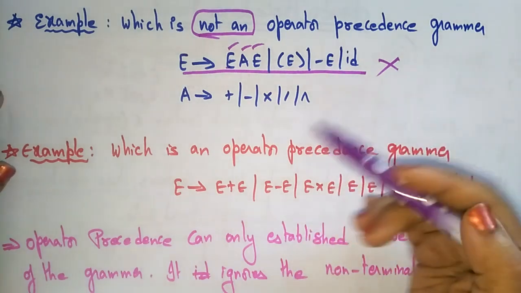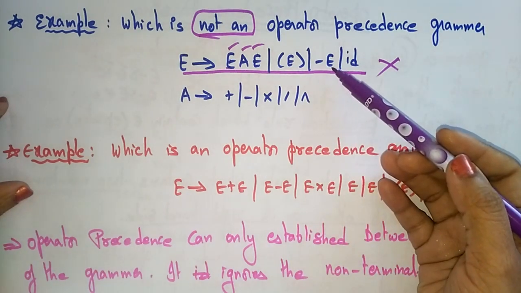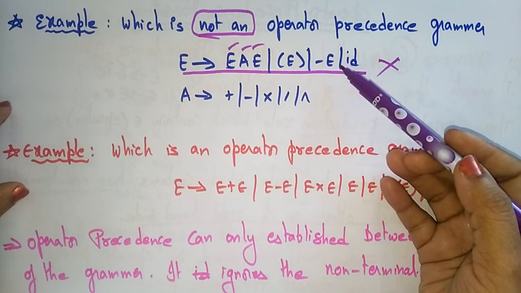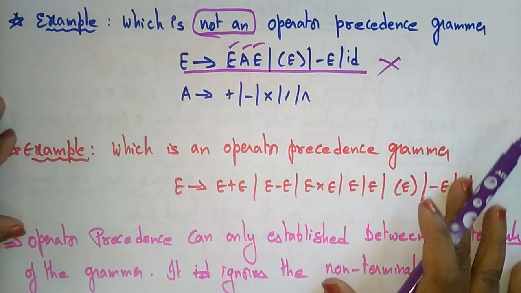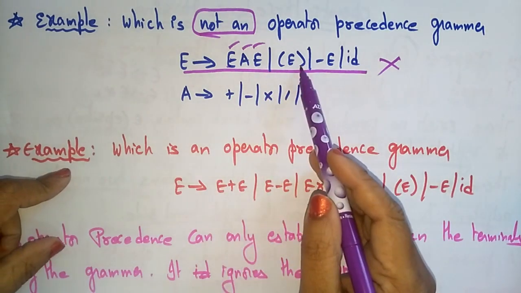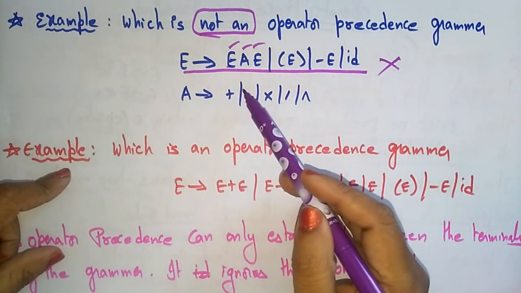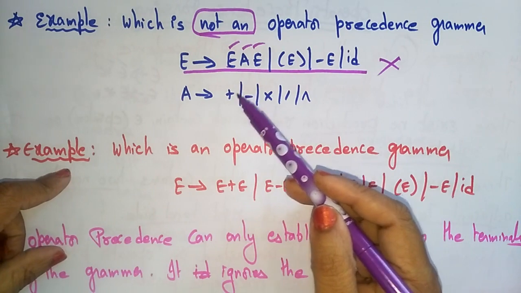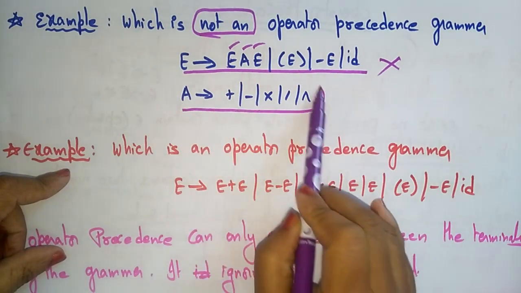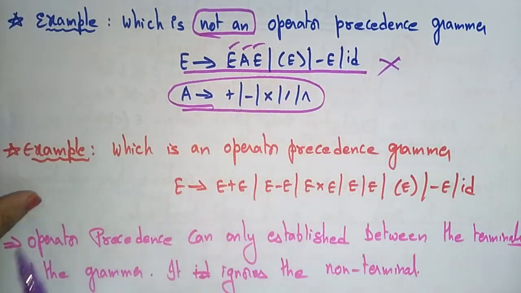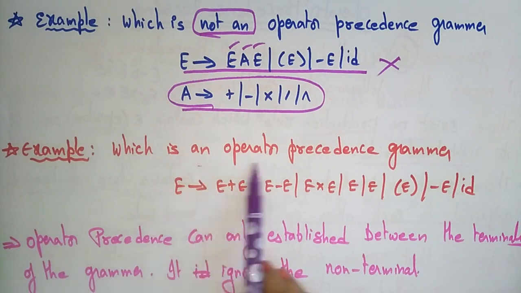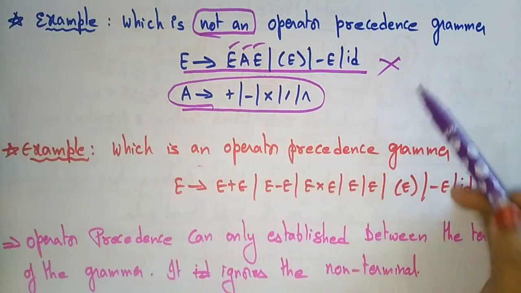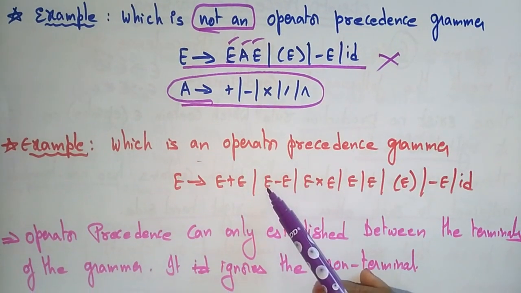How can you convert this non-operator precedence grammar into an operator precedence grammar? See here. By substituting for the non-terminal A, you get an operator precedence grammar.